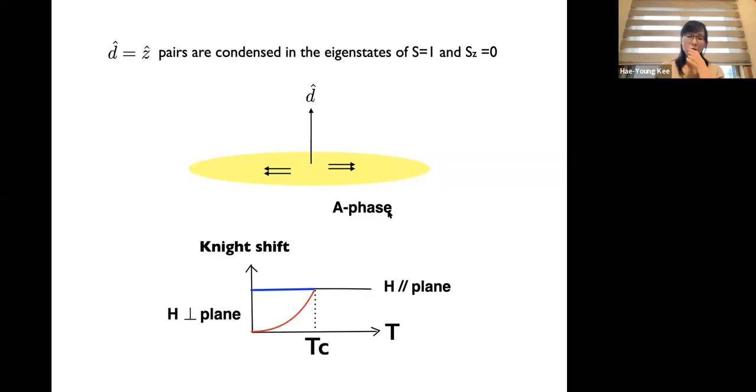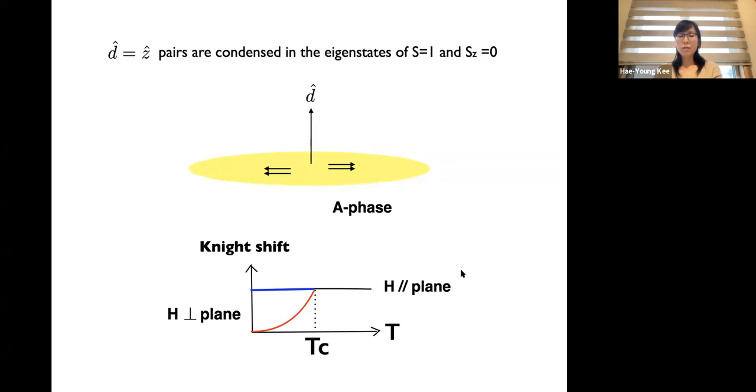And the consequence of those, one can detect by experiment, because imagine that I apply the magnetic field in plane, where these up, up, and down, downs are condensed. Then these up, up, and down, down will just simply rotate along the x direction.